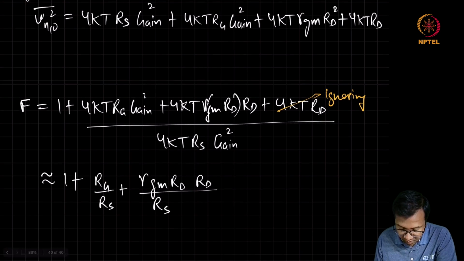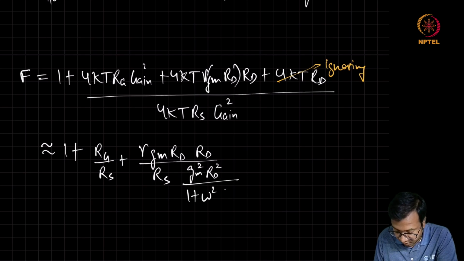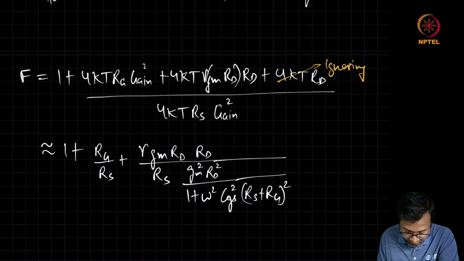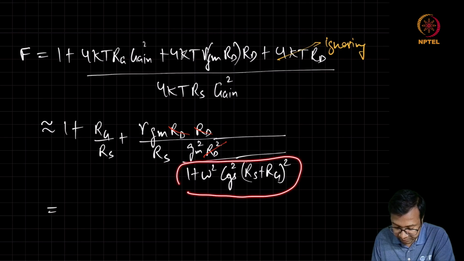And this gain square is Gm square Rd square divided by 1 plus omega square Cgs square, Rs plus Rg whole square. Rd square gets cancelled. First, we will look at this term.